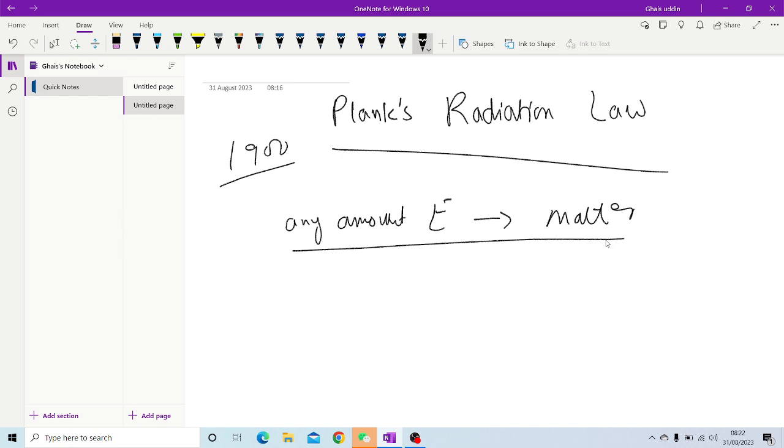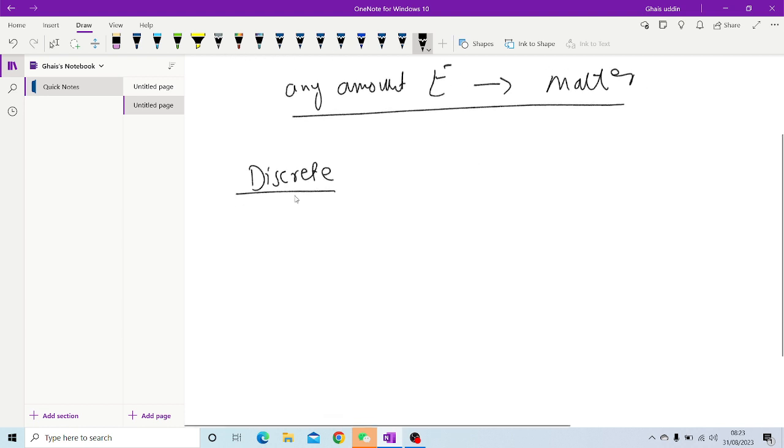So what Planck did, he considered that this exchange of radiation of waves with materials must be discrete. This means that the energy will be nh nu, where h is Planck's constant and nu is the frequency.